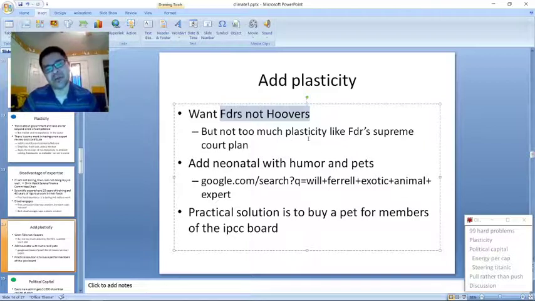FDR responded to the problem by rearranging the components and trying new things, while Hoover responded in a non-plastic manner by saying that this framework is set in stone, and we should adhere to it, down to the last person, so to speak.